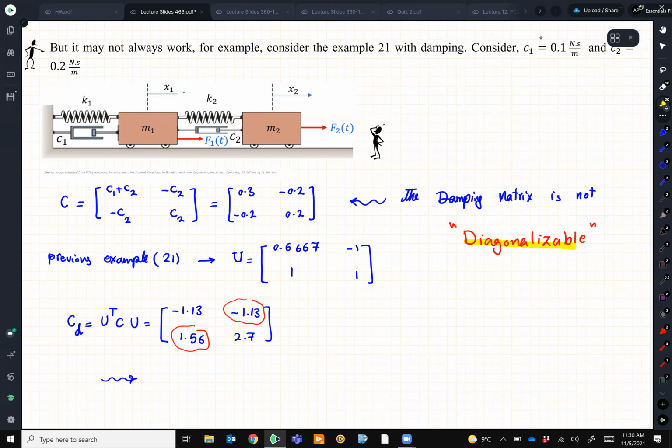So what should we do? Well, this is where we have to rely on a numerical solution. There is no analytical solution. Nobody can really solve it if your matrix is not diagonal.